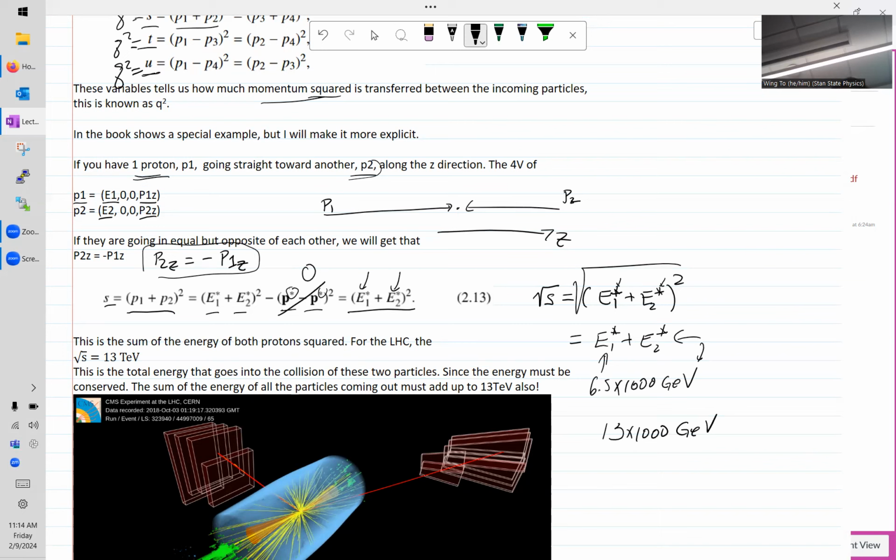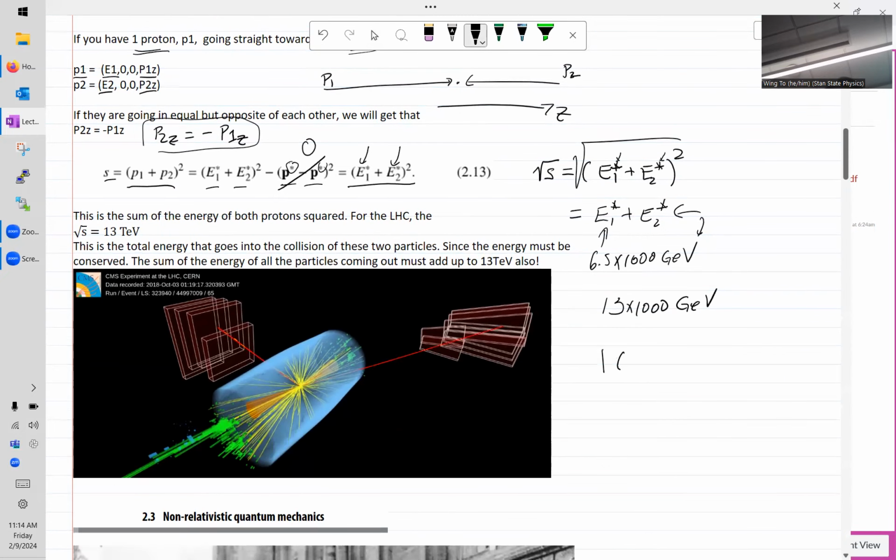Just to give you a sense of scale, remember 1 GeV is approximately the mass of a proton. So they're smashing these protons together with about 13,000 times more than their rest mass, in terms of energy.